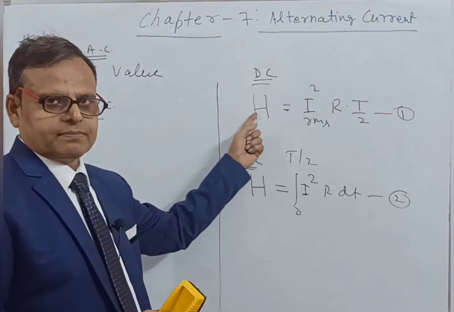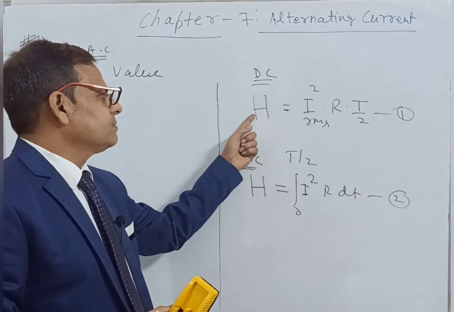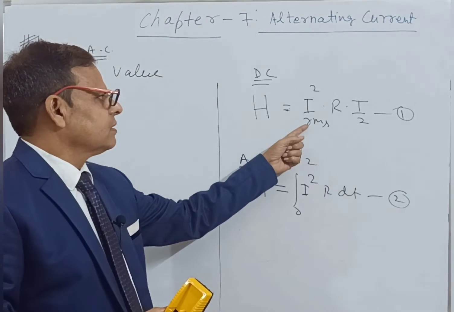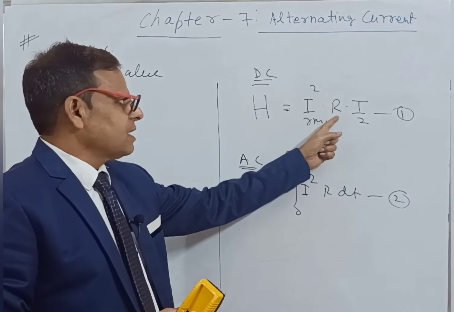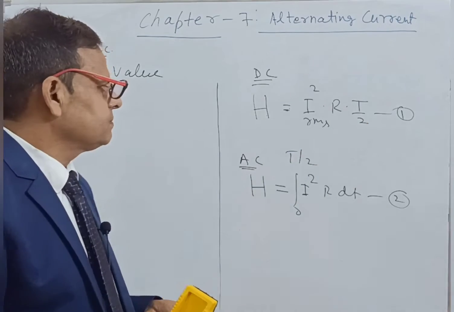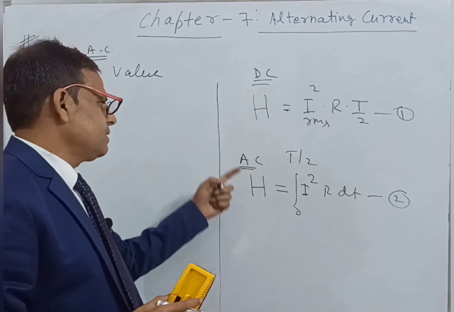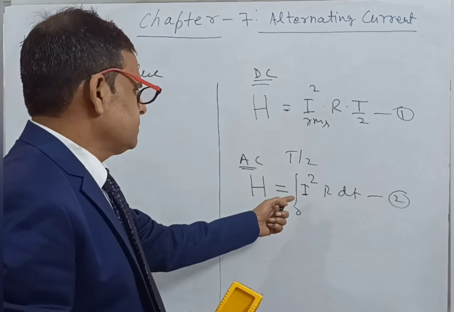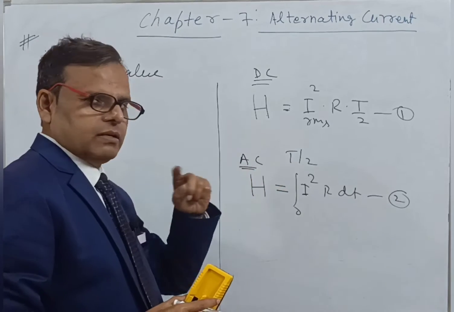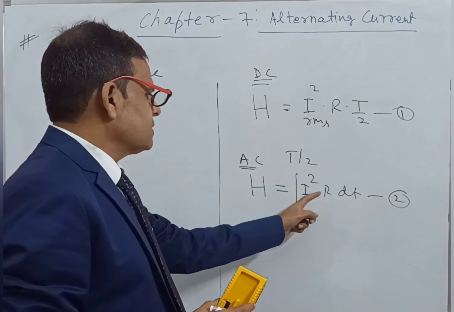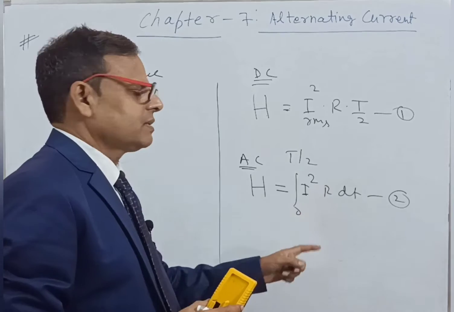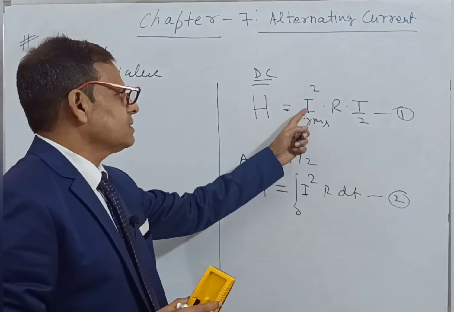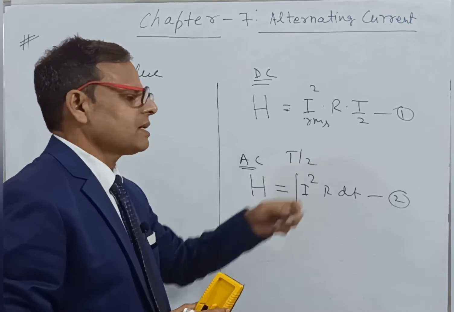Heat generated by the current in DC for the resistance R for the time period T by 2. If the same heat is generated through AC, for the same time and the same resistance, then this current I through the DC is known as RMS current.